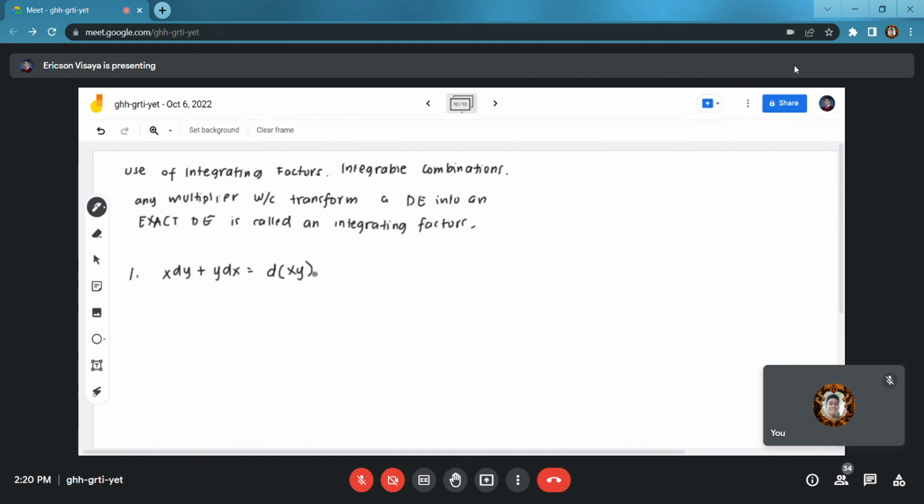Number 2: x dy minus y dx all over x squared, the derivative of y over x, the quotient rule. Number 3: another form of the quotient rule, y dx minus x dy all over y squared, the derivative of x over y.